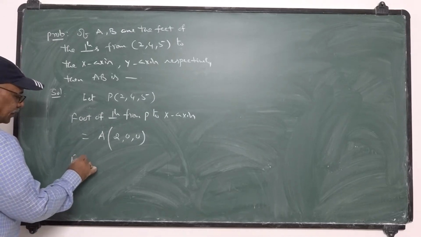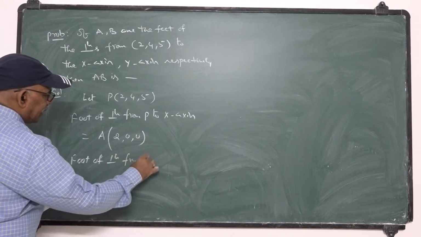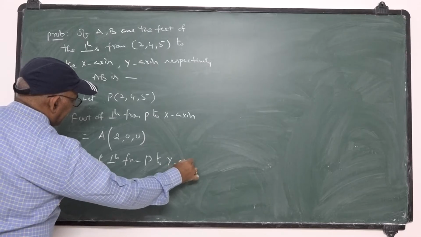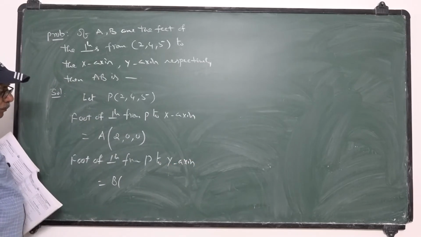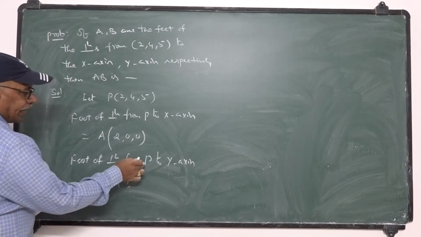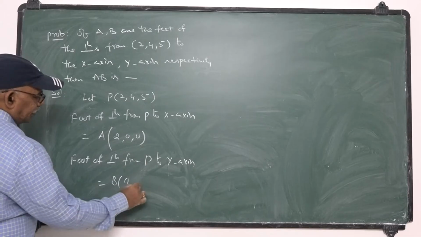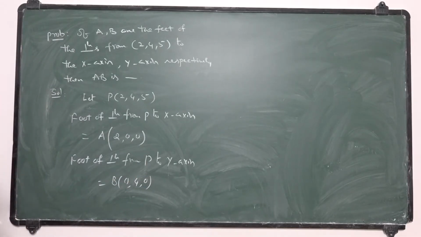That is A here. Similarly, foot of perpendicular from the same point P in space to y-axis, let it be B here. On y-axis, x and z coordinates are 0, so the foot of that perpendicular is 0, 4, 0.